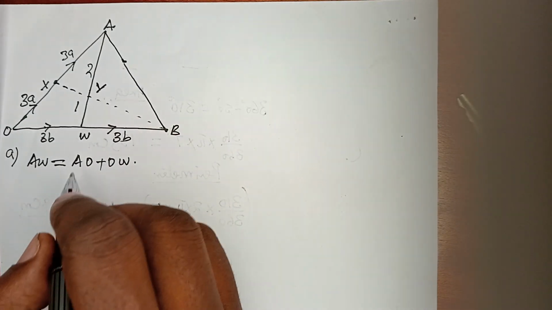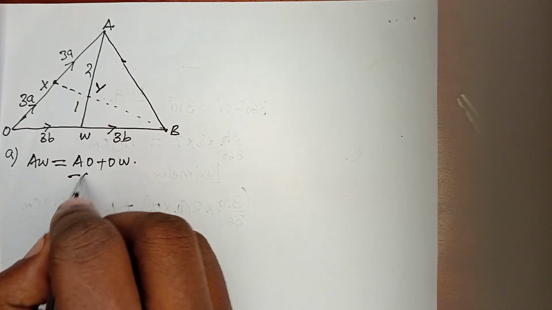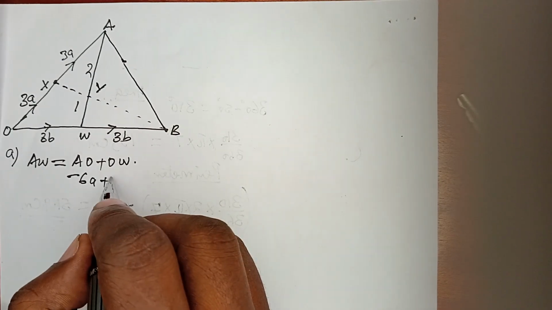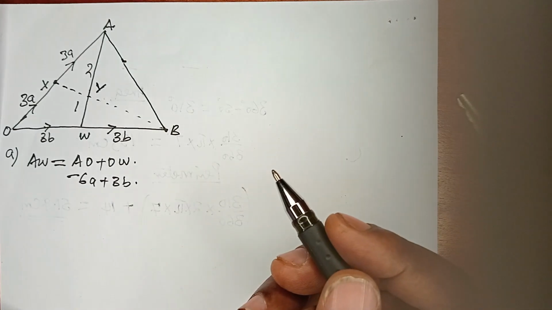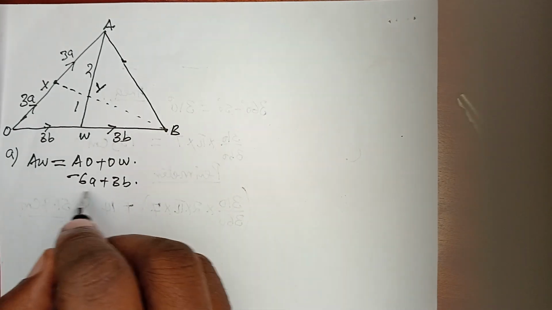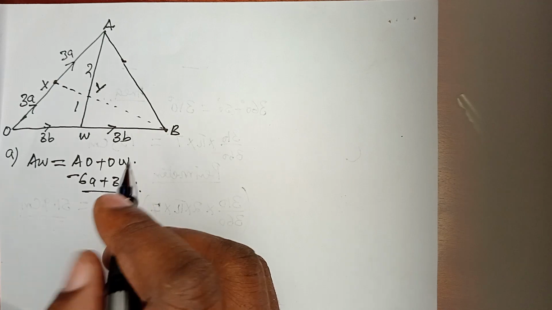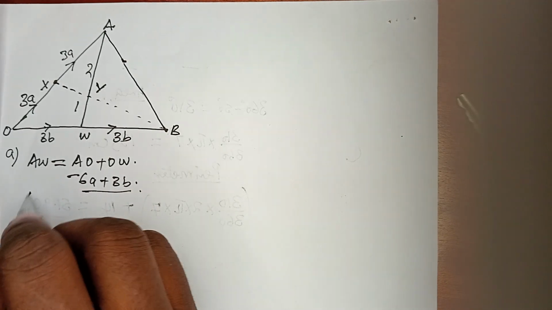And we have AW is minus 6A plus 3B, and that is it. That is vector AW. What about vector AY?